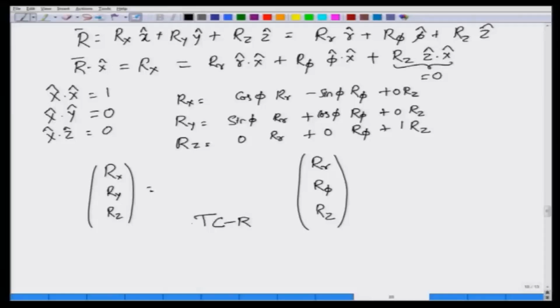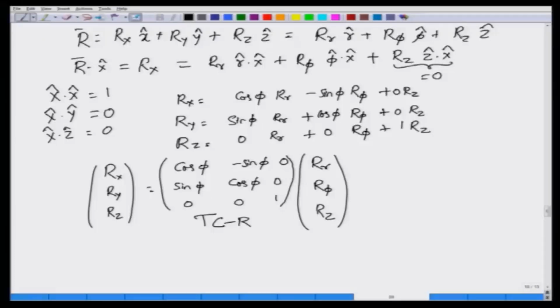This is the cylindrical to rectangular transformation, and the matrix is: cos phi, minus sin phi, 0; sin phi, cos phi, 0; 0, 0, 1. This is a 3 by 3 matrix which transforms any vector in the cylindrical coordinate system into the rectangular coordinate system.